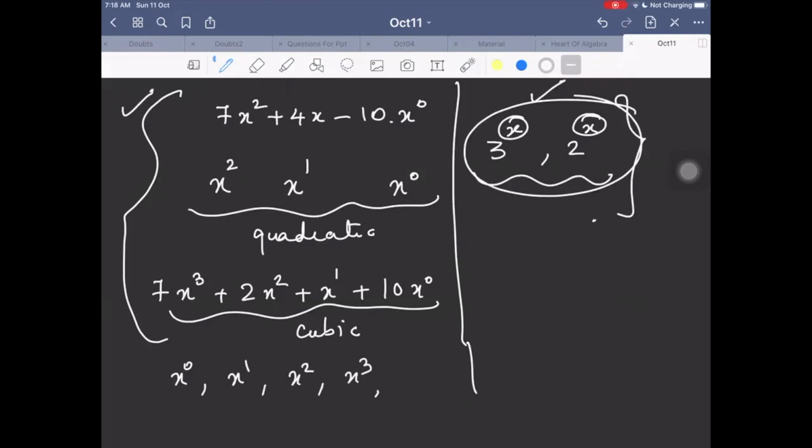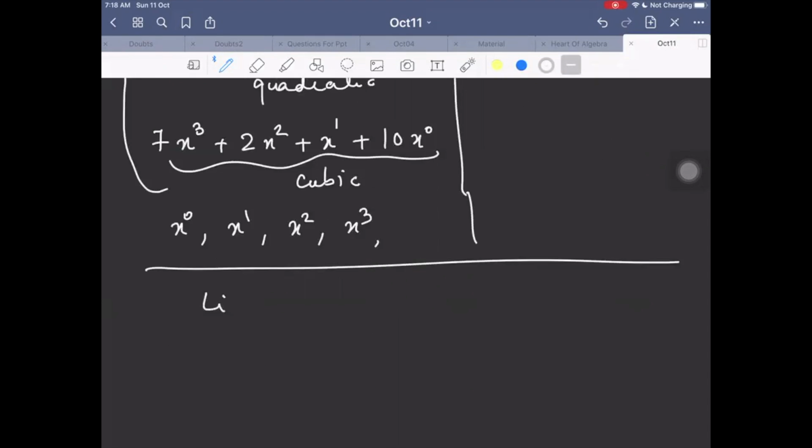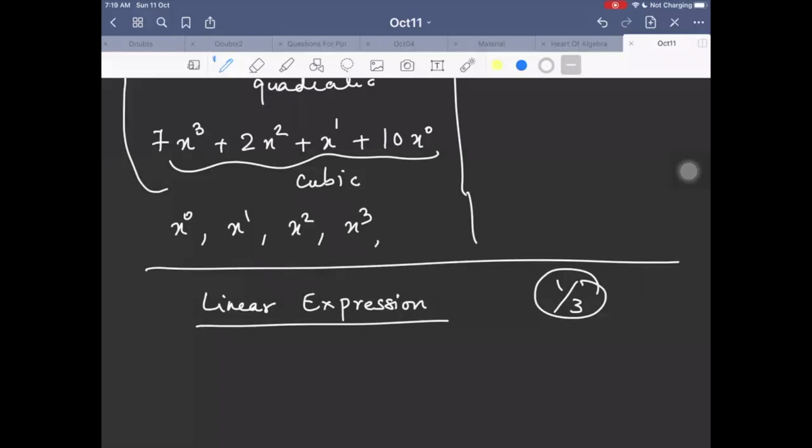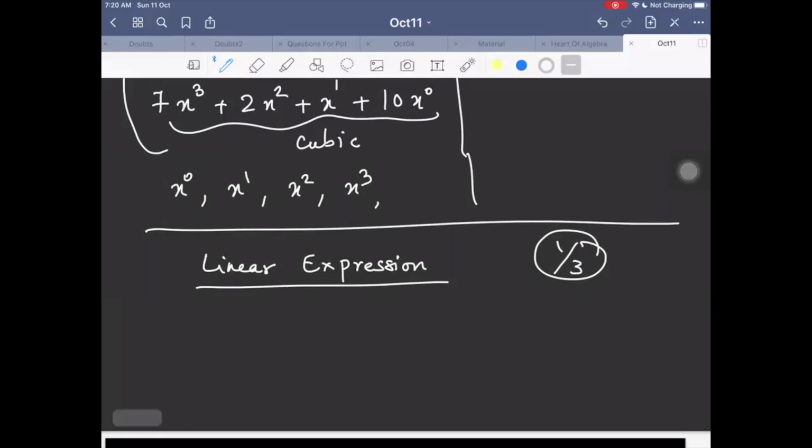To begin our discussion, we will be specifically talking about linear expressions only, because as I told you, one third of the questions will be from this topic, heart of algebra. In this topic, we'll restrict our discussion to linear expressions, and slowly we'll move on to linear equations and linear inequalities.